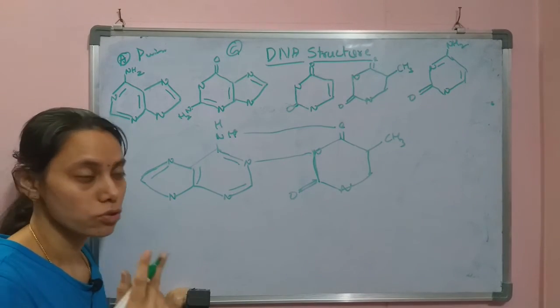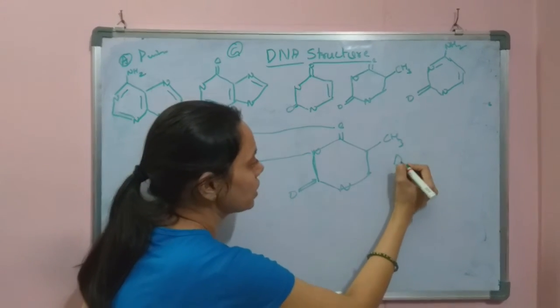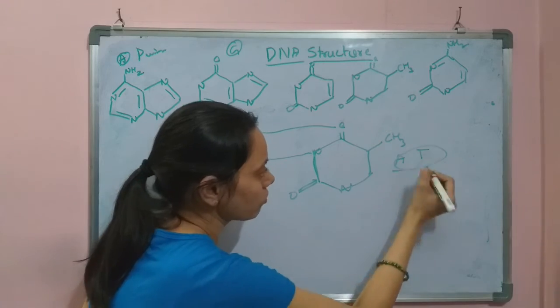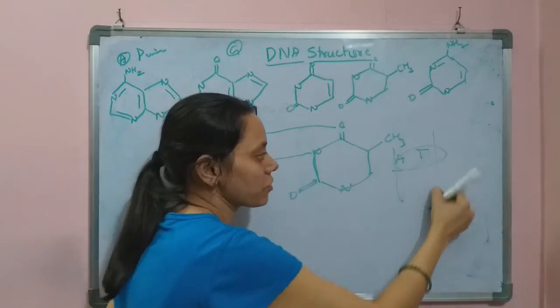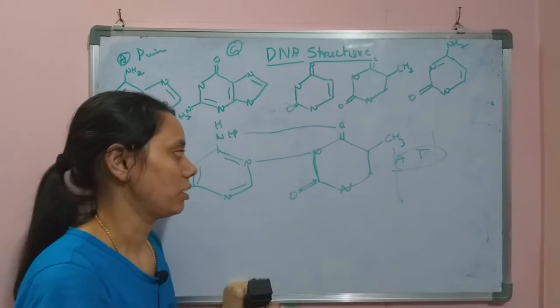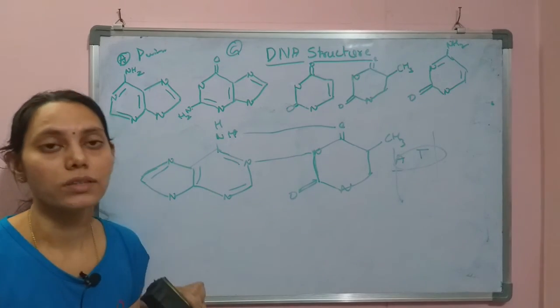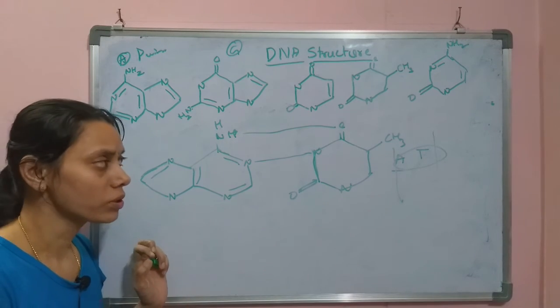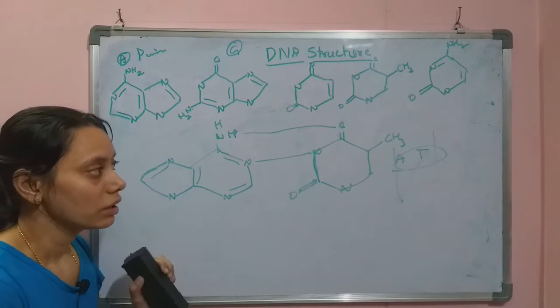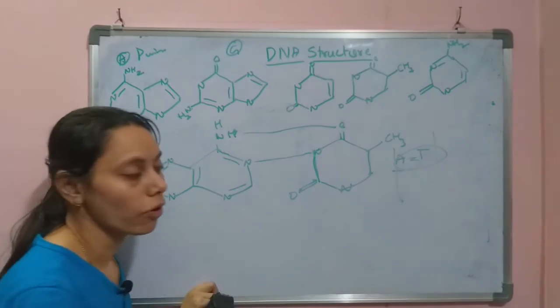So likewise two hydrogen bonds for each AT base pair. So A from the one strand, T from the other strand will face each other, and the hydrogen bond donors and acceptors will share their hydrogen bonds, and the double bond will be formed between them.